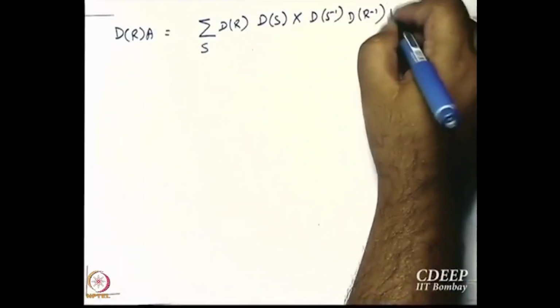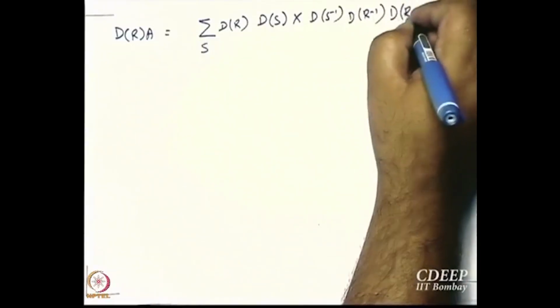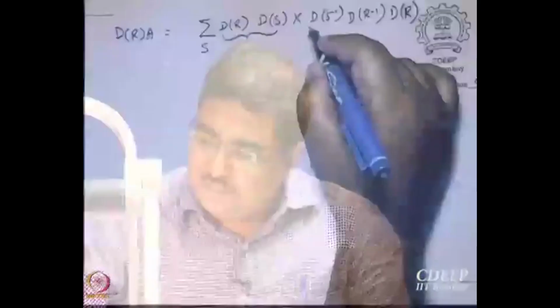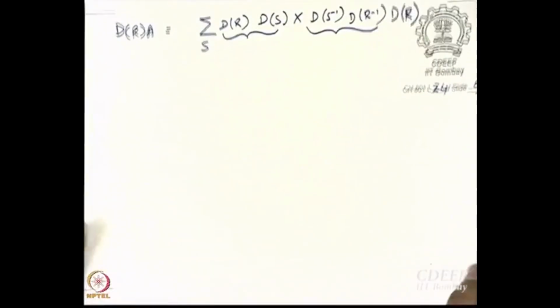So I better write dr as well. Agreed? What I have here is dr ds. What I have here is ds inverse dr inverse.